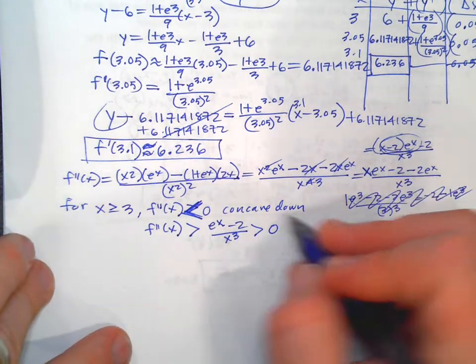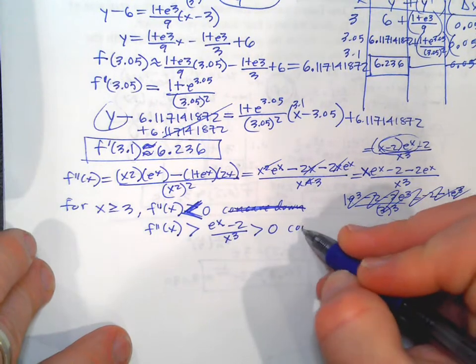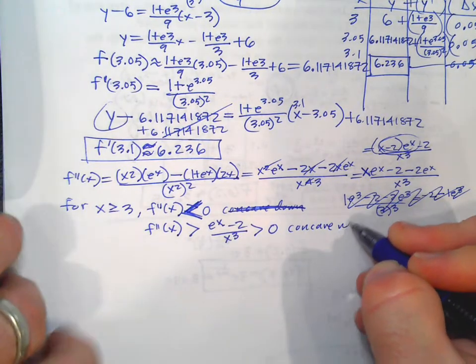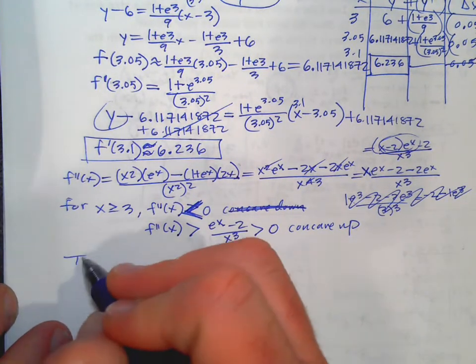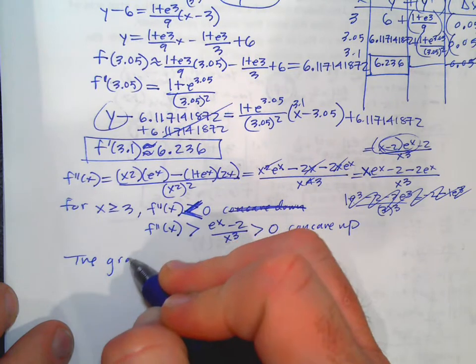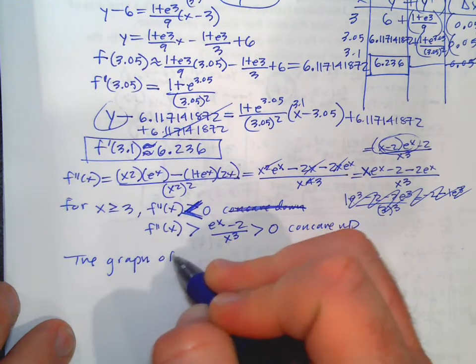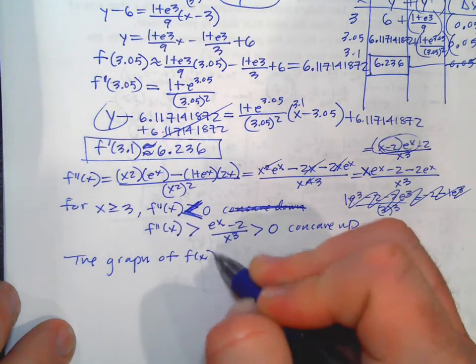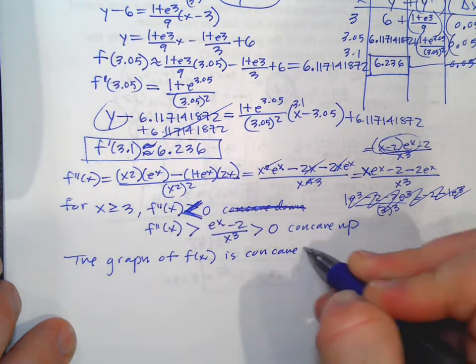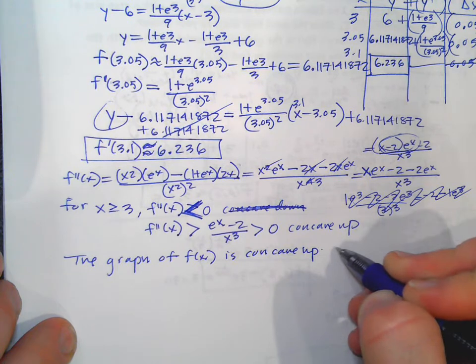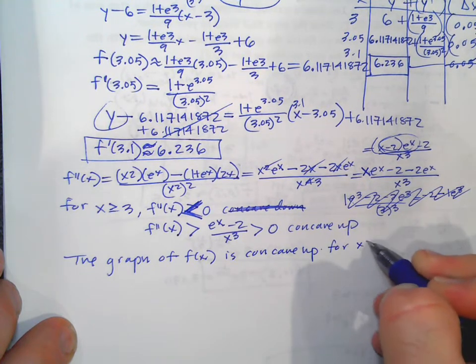So therefore it is concave up. I think this is hard. So our answer is going to be: the graph of f of x is concave up for x greater than or equal to 3.